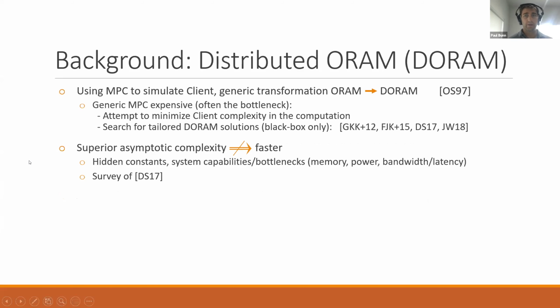So going from ORAM to DORAM, you can do just a generic transformation using generic MPC, and this has been done before. In practice, it's potentially not as efficient as a direct protocol, which is what we build.